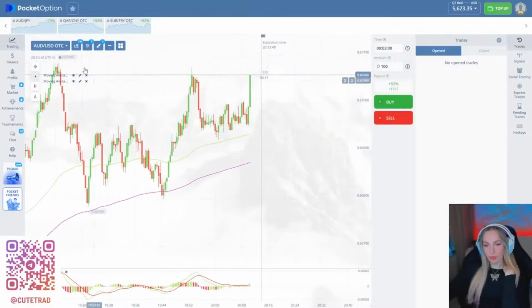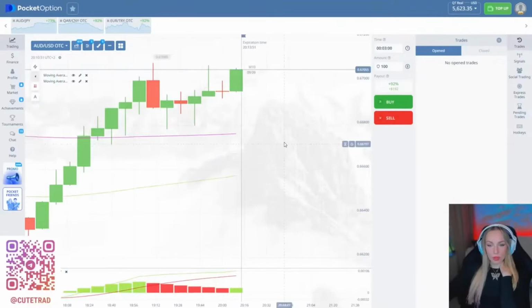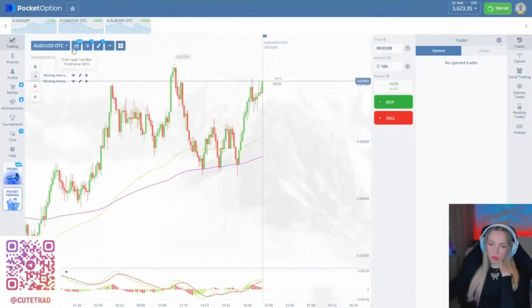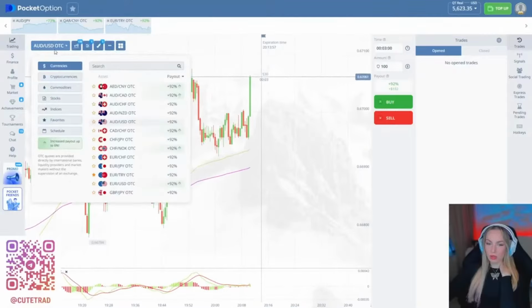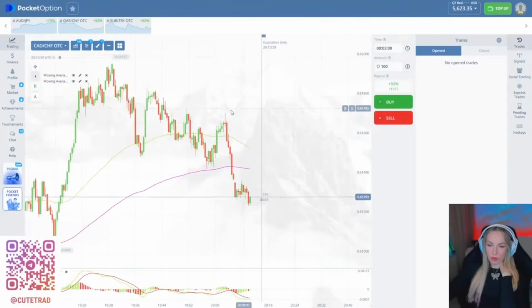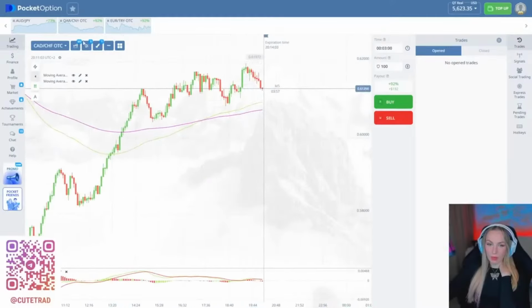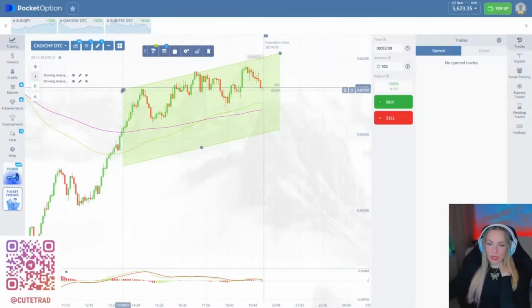Here, what is going on here? Here is the upward trend, to tell the truth. Also, for some reason, today I don't see clear structures on the market. The market is a little bit chaotic today, but I think that we will manage to find something. Look, CAD CHF, I see the clear upward channel right there.